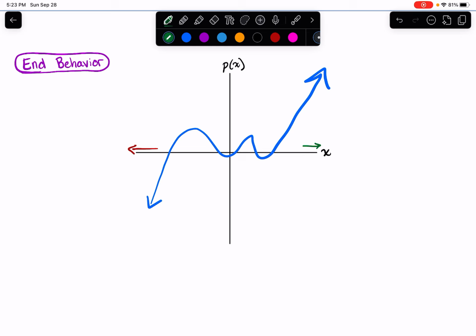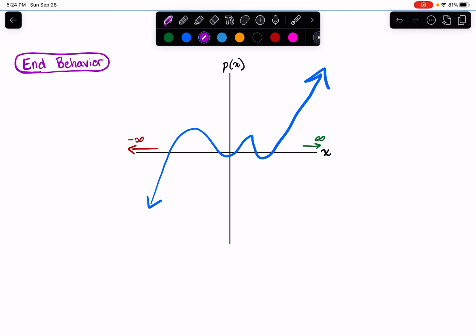So on this polynomial, as x approaches negative infinity, as x gets really small, the polynomial is going down, right? It's going to negative infinity. And as x approaches positive infinity, as x gets really large, this polynomial is going up. So those are the two things we need to describe in order to describe our polynomial.